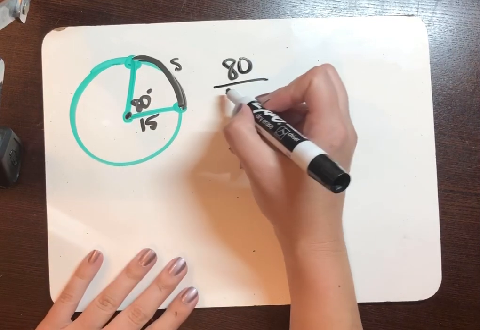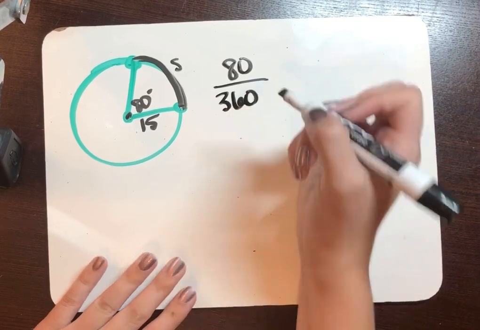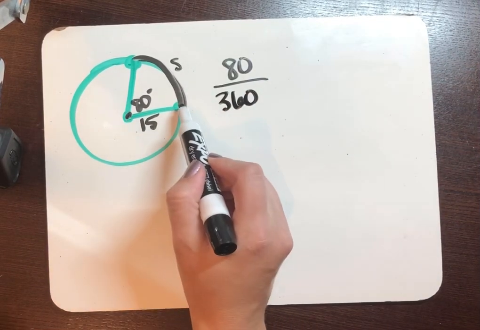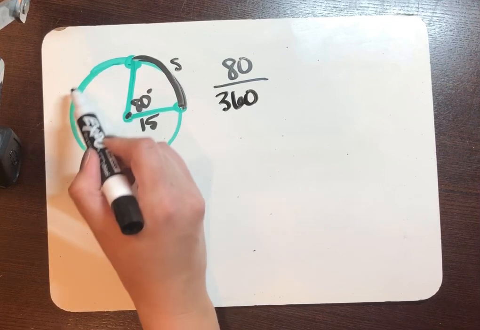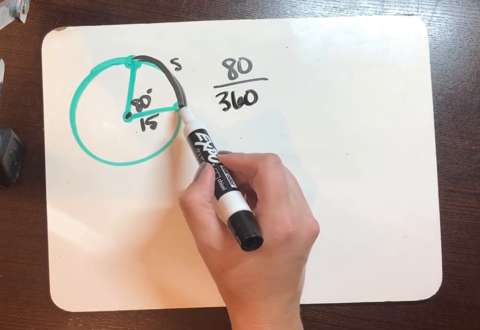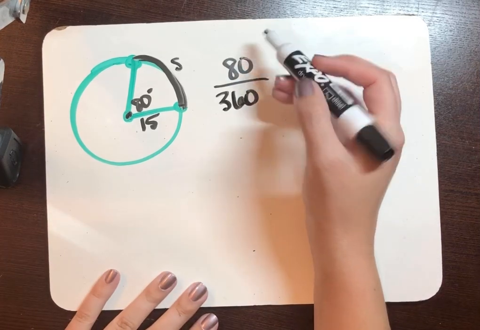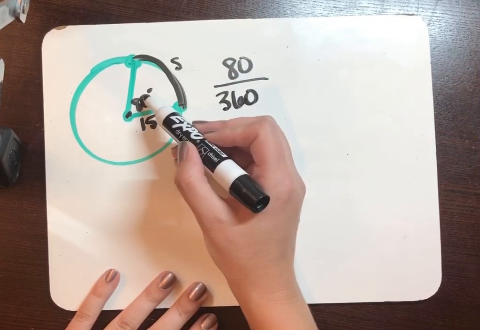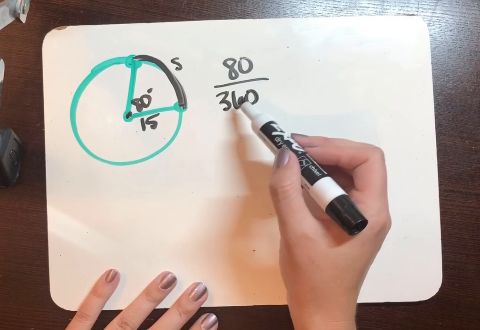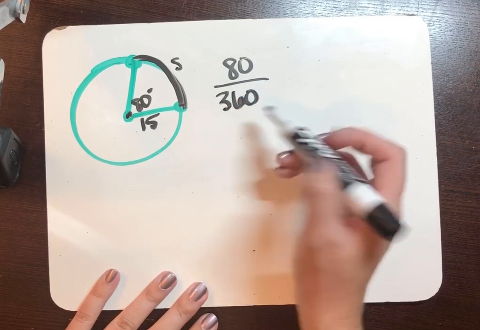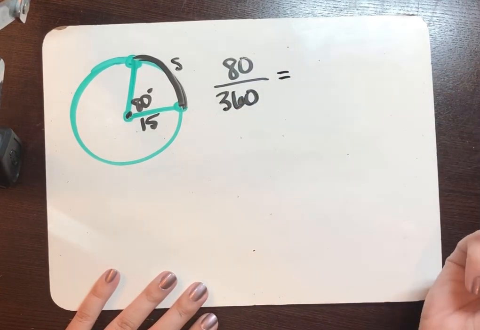Now that entire angle measure would be 360 degrees. If I start at this point and I went all the way around back to my starting point, that would be 360 degrees. So this is the first ratio, is just the angle measure of the central angle, 80 over 360. It will always be over 360.